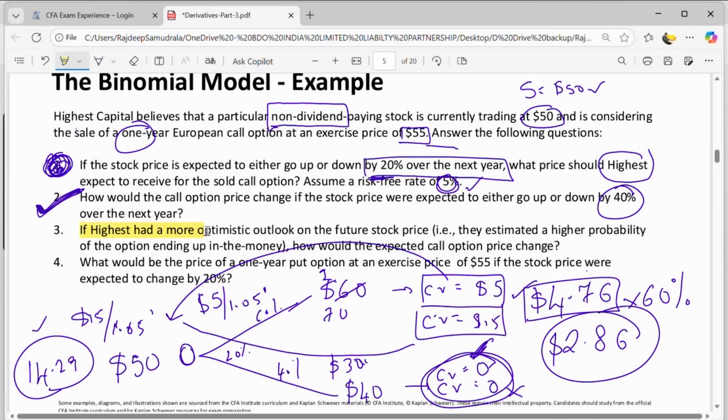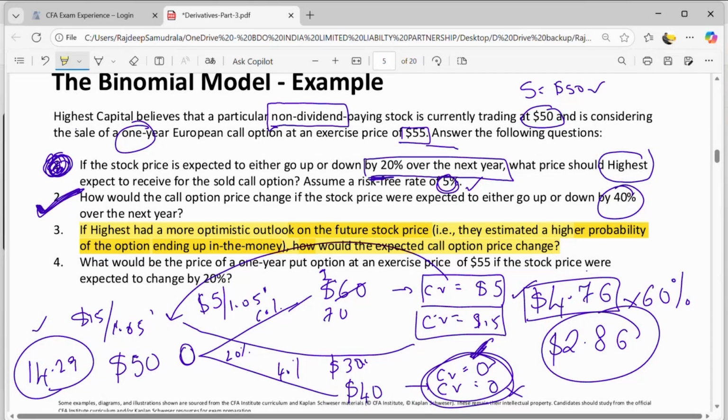If investors had a more optimistic outlook of the future, correct, this is where they put probabilities. That is, they estimated a higher probability of the option ending up in the money. How would the expected call price change? Now this is a theory question, they're not asking you to quantify. What do you think the answer would be?